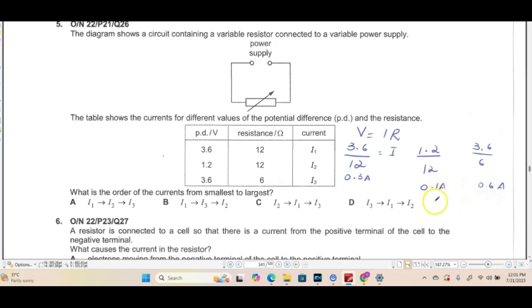So the largest current is I3, then it's I2, and then it's I1, and we have to arrange them from smallest to largest. So smallest is I2, then it's I1, and then I3. So C is going to be our correct option.